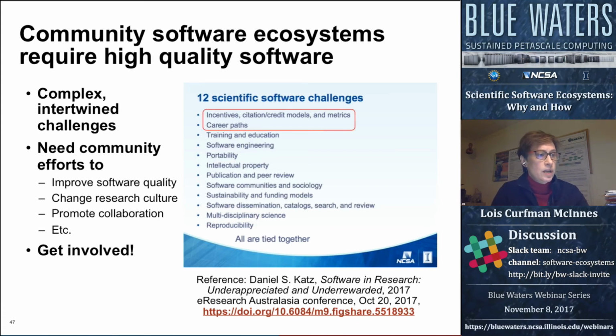And there's lots that needs to be done as we work towards dealing with challenges in reproducibility, sustainable funding models, and many other issues. So there are many opportunities for all of us to get involved in working to affect change. So we all need to be the change we want to see in the world.